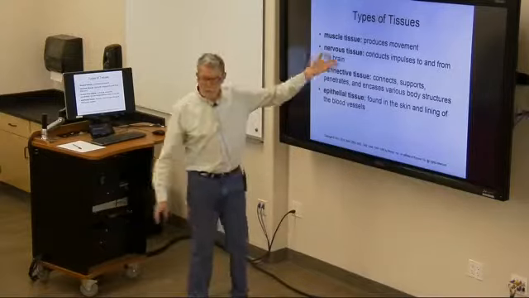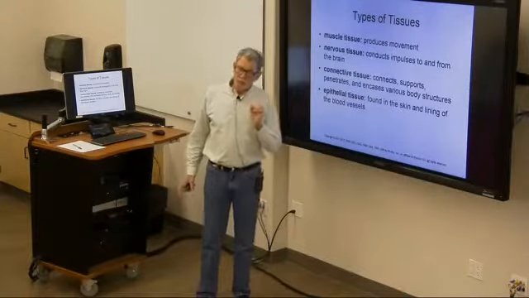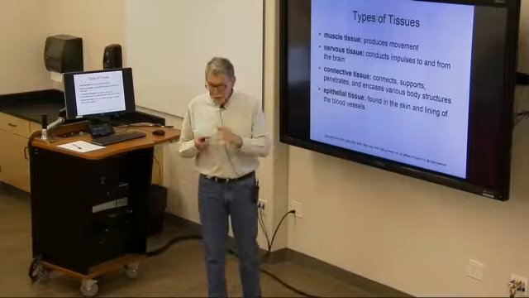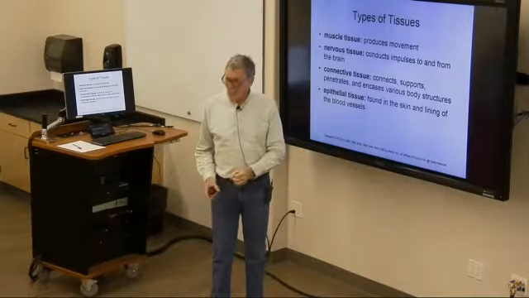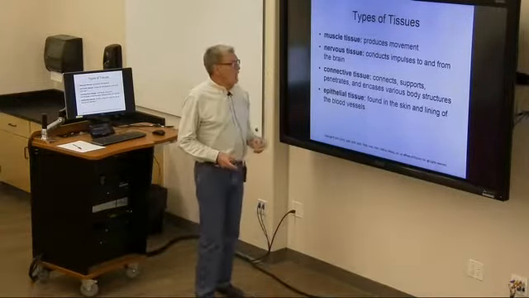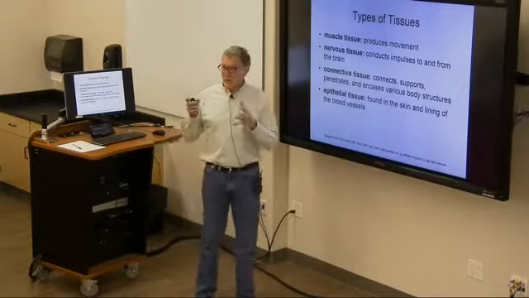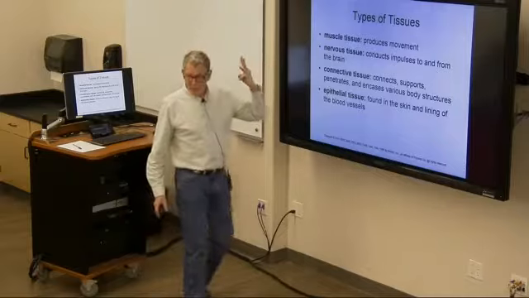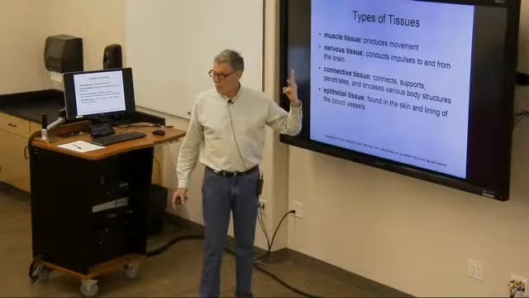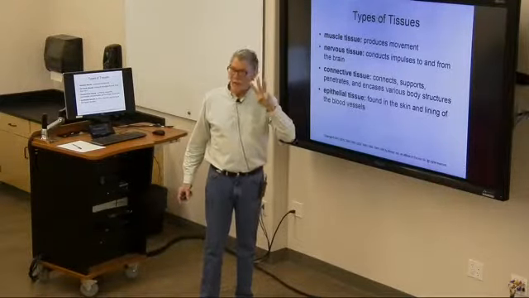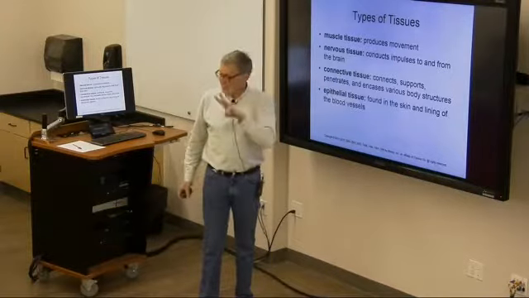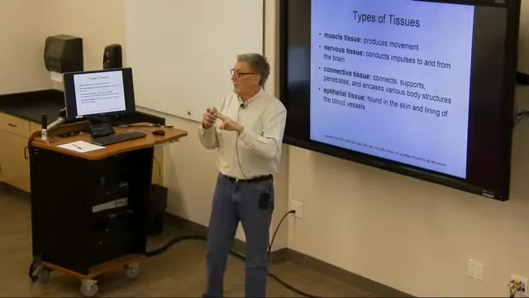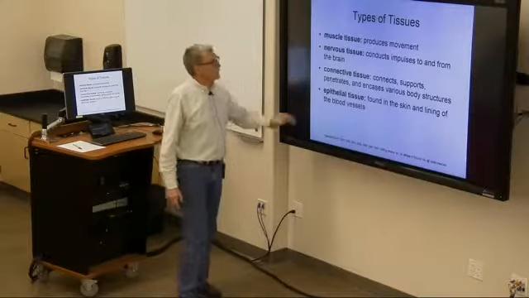We have smooth muscle, which surrounds our blood vessels, our stomach, our intestines. And we have cardiac muscle, which is the kind that causes our heart to beat. So we have 3 different types of muscle tissue. Each of those 3 types can have its own set of problems and therefore has its own set of medical terms that go along with it.